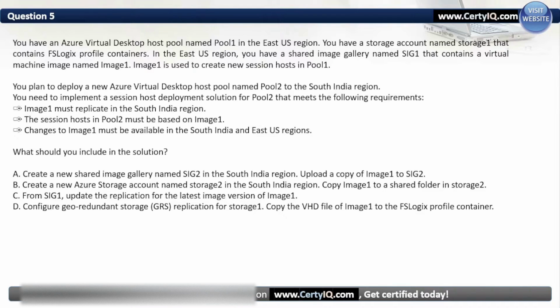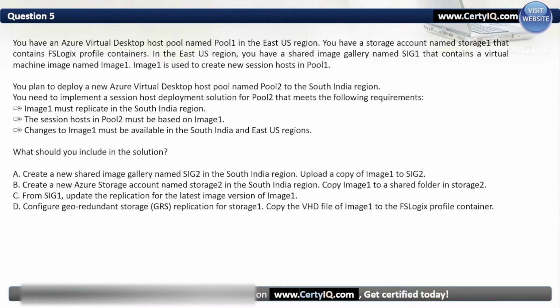Question 5. You have an Azure Virtual Desktop host pool named Pool1 in the East US region. You have a storage account named Storage1 that contains FSLogix profile containers in the East US region. You have a shared image gallery named SIG1 that contains a virtual machine image named Image1. Image1 is used to create new session hosts in Pool1.